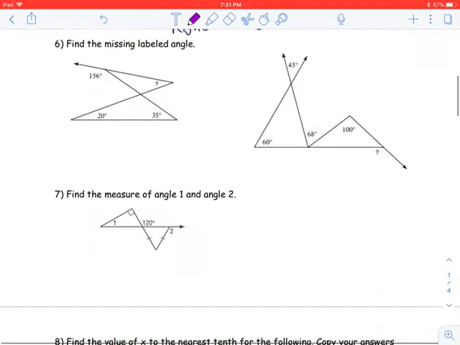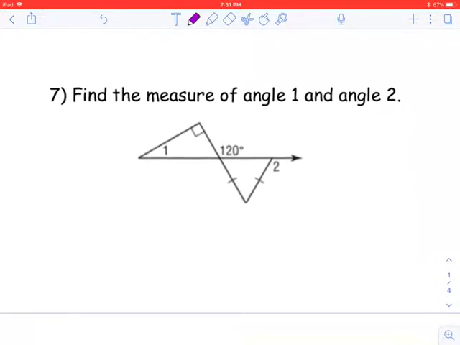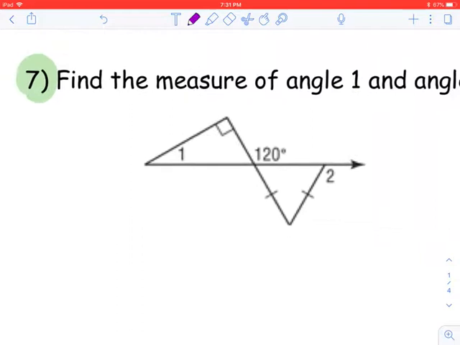Okay, so let's look at number 7 here. We'll come back to number 6 tomorrow. It says find the missing labeled angle. Find the measure of angle 1 and angle 2. So right here says this is 120. Remember, when there's a box like that, that's 90 degrees.